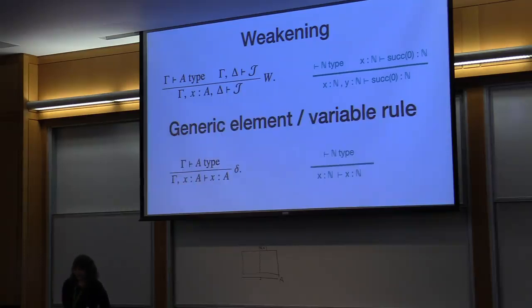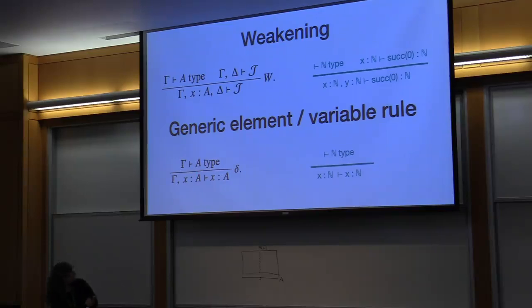And then, hopefully the last rule, I think, is the generic element or the variable rule, okay? So, the generic element or the variable rule says that if I have something in the context, it's also the judgment, right? So it says, if I have x of type A in the context, I can derive x is of type A as long as this is true, but if gamma is well formed, this should be true anyway.